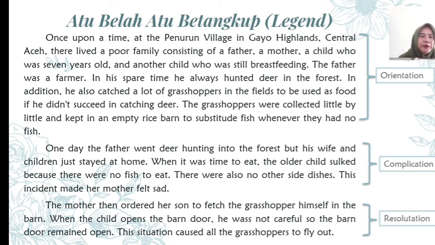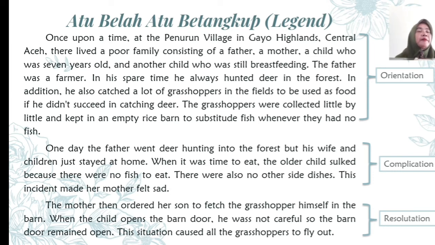Okay, we're going to discuss the structure of the text in this example. Pada teks ini kita akan fokus pada struktur teksnya. Seperti tadi sudah kita bahas di atas, paragraf pertama biasanya itu merupakan orientation. Jadi yang disebutkan di sini adalah tempat di mana terjadinya, kapan terjadinya cerita tersebut, dan siapa tokohnya.